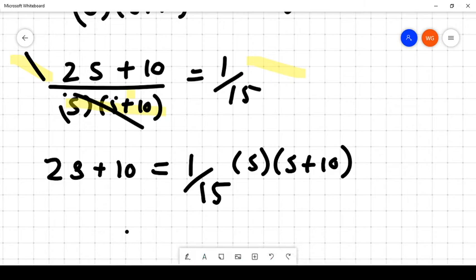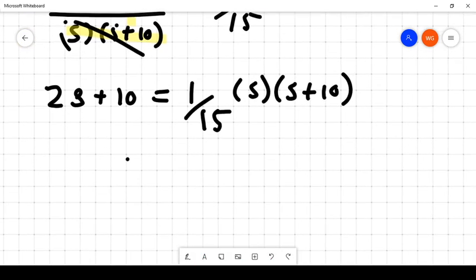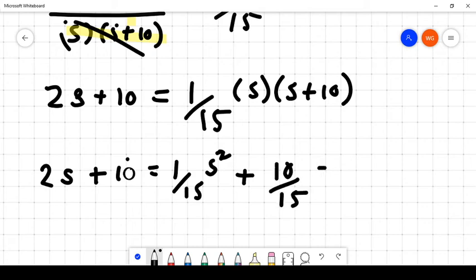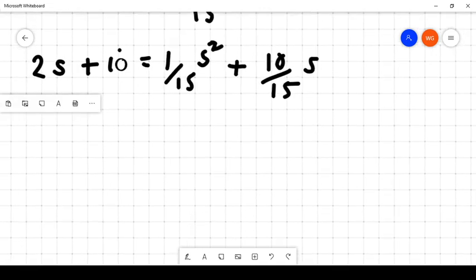And I'm going to solve this. So I'll multiply the 1/15 by the S, and I'll end up with the following. 2S plus 10 equals 1/15 S squared, right, plus 10 over 15 S. Okay, and now we're going to try and solve this. So we'll bring everything over to one side, and what we'll do is we'll say we've got the following.